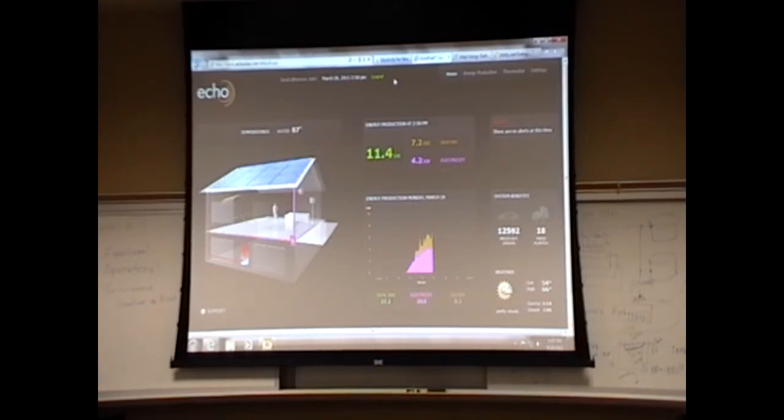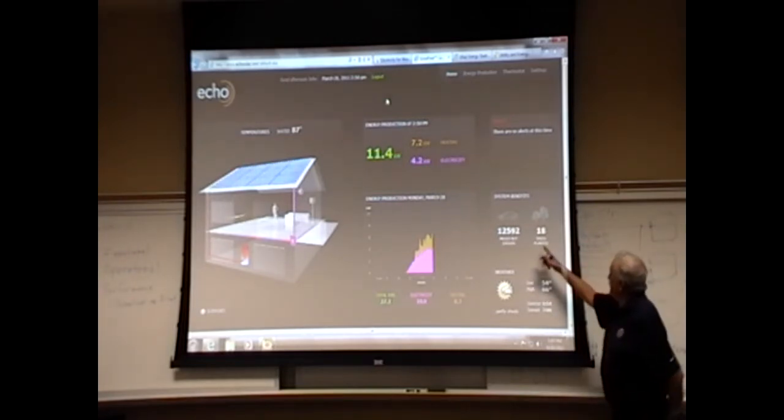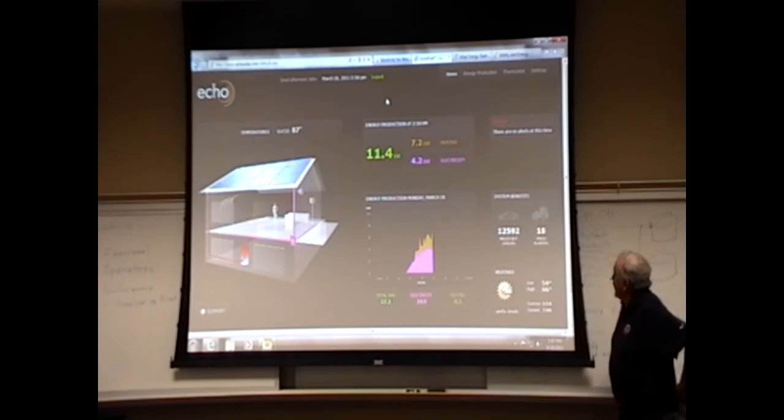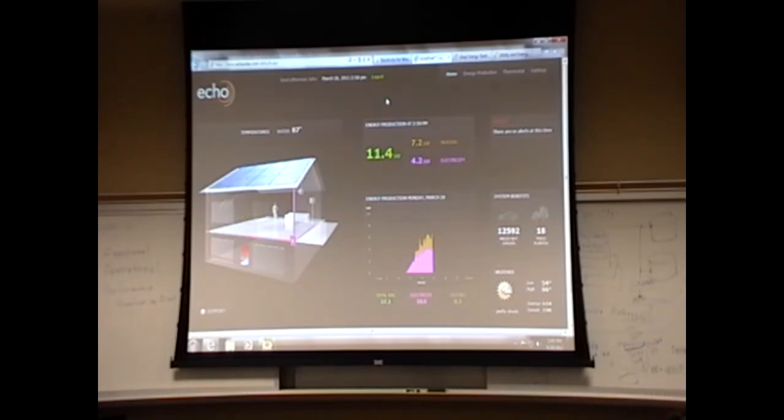Let me make a comment while you're on this slide because it's so interesting. This thing here, the miles not driven and trees planted. One of our students did a study on campus. It took them 1.5 years to do what we call the greenhouse gas emission baseline study. We wanted to figure out how much of the 6 toxic gases the campus emitted.